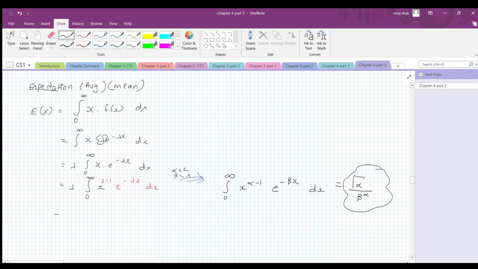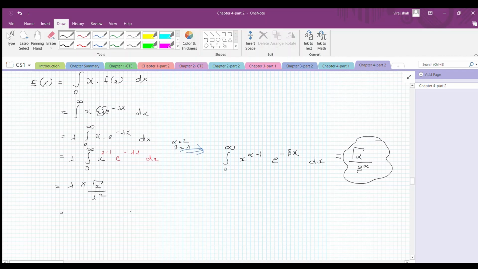Using this formula, what is my alpha? Alpha is 2, so into gamma of 2. What is beta? Beta is lambda. What is alpha? Alpha is 2. So basically, I can cut this and this, right? And I am left with gamma of 2 upon lambda. What is gamma of A? It is nothing but A minus 1 factorial.